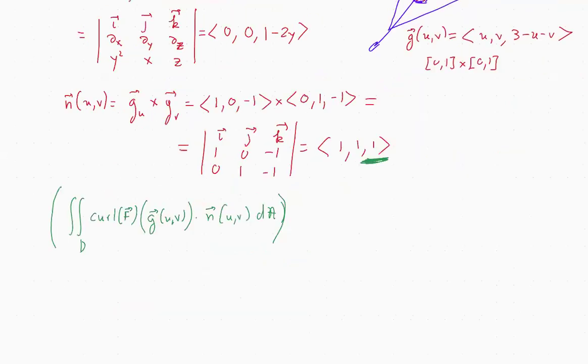Of course, we should also recall the Green-Stokes formula, which tells us that if you have a circulation integral of f along the boundary of S, then this will be equal to the vector surface integral of the curl of f on the surface.